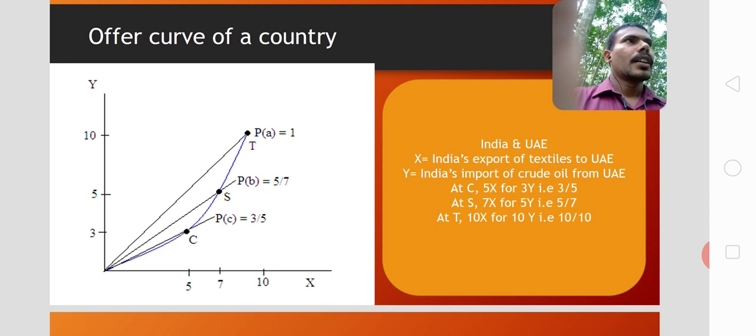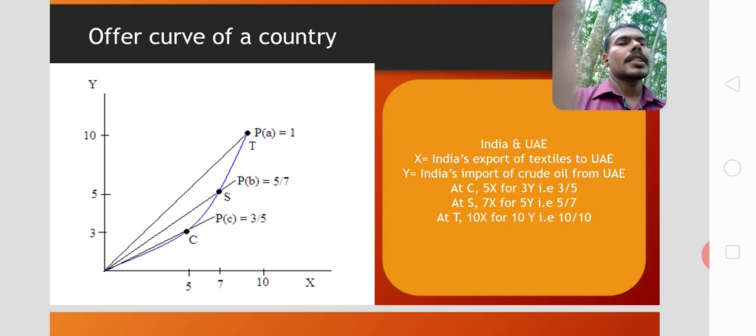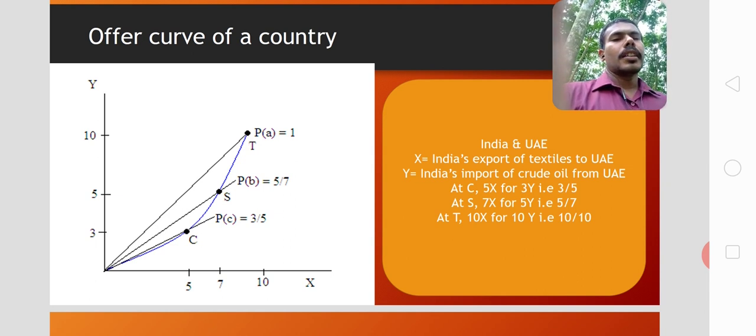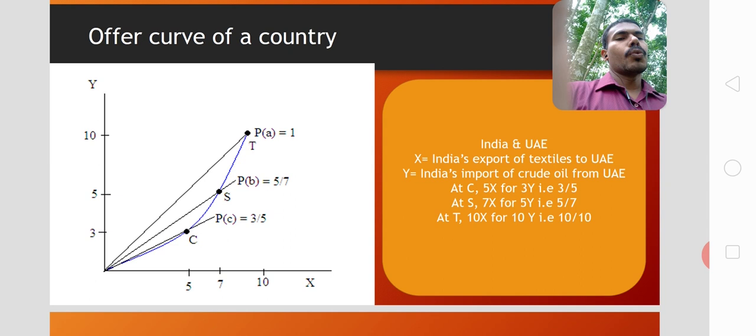Here also our terms of trade is well below the base level of 1 or 100 percent. 5 by 7 is around 0.7, and 0.7 is well below 1. But India's terms of trade with the United Arab Emirates has significantly improved from 0.6 to 0.7. This is a remarkable improvement, but still we are below the equilibrium level of 1.